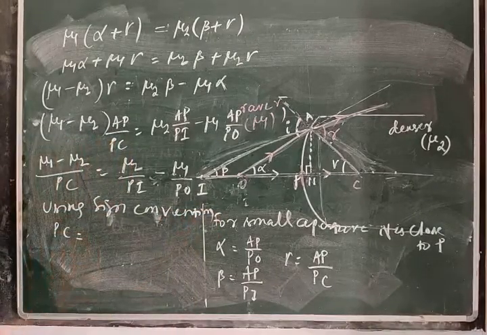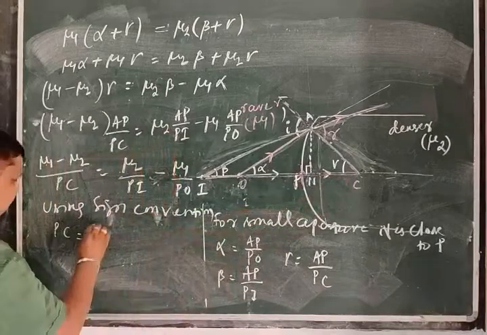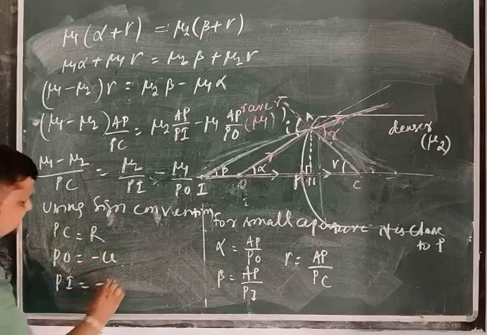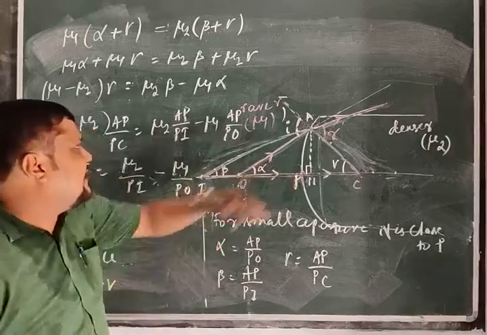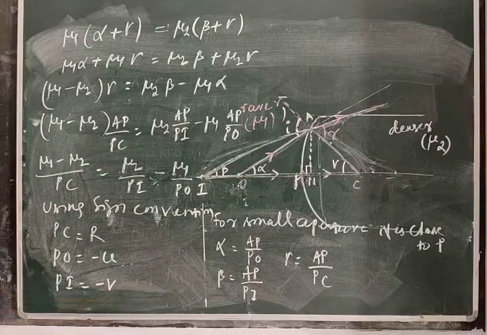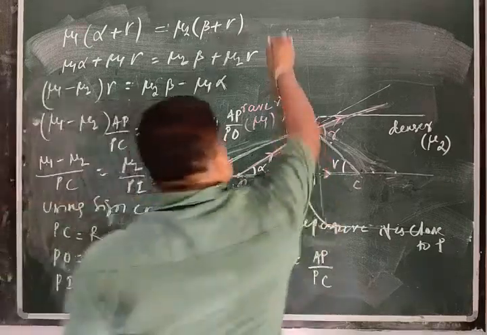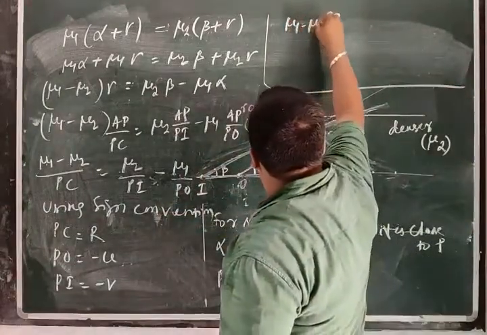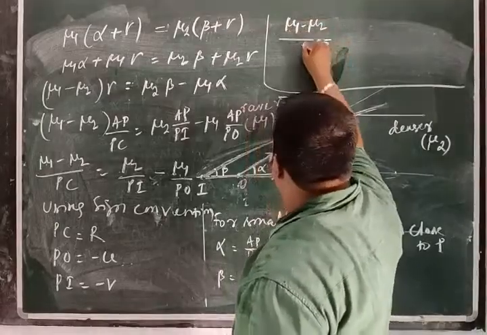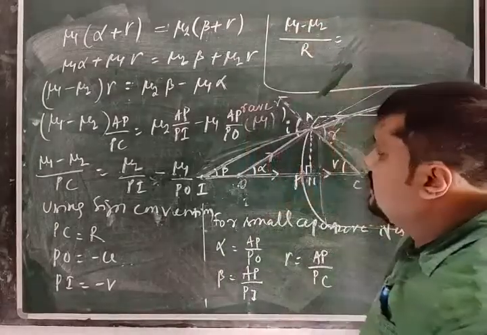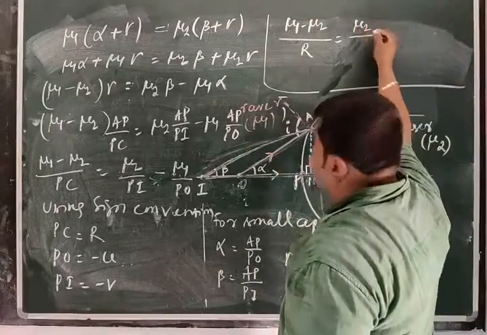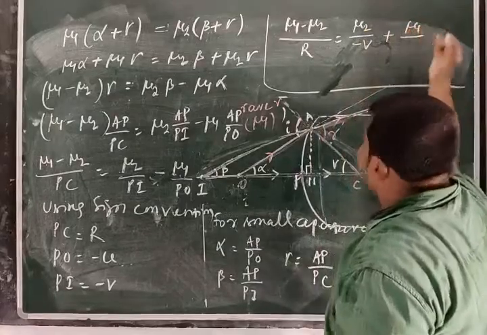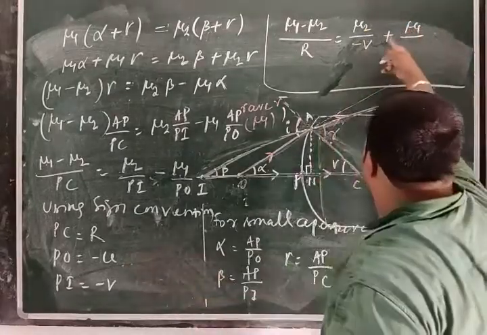PC, P to C, is plus R, PO object is minus u, PI image is minus D. Here the image is on this side, opposite the light incident. So PI is equal to minus D. Now you put this in this part. What do you get? (mu1 minus mu2) divided by R is equal to mu2 by (minus D) plus mu1 by (minus u).